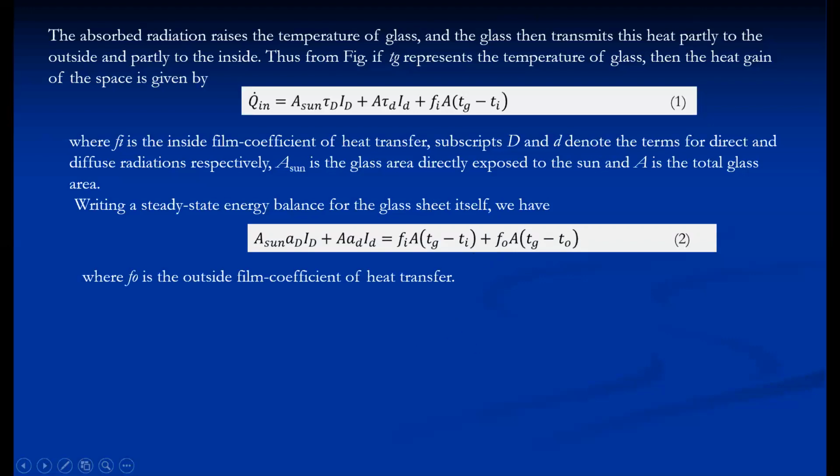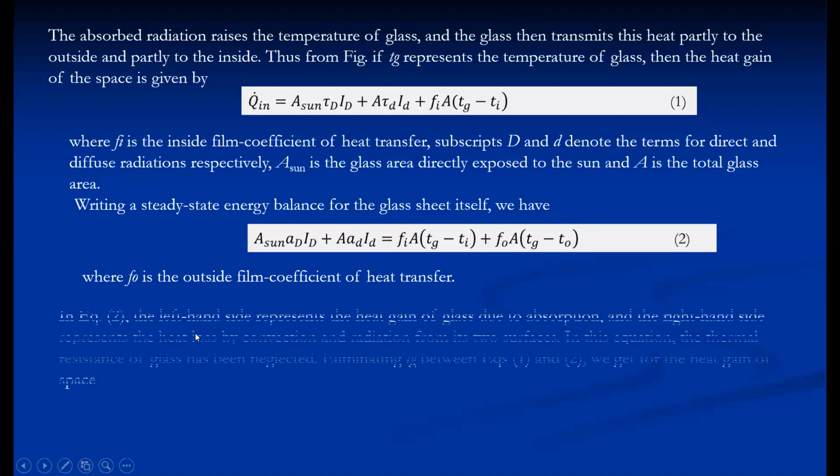Here Fo is the outside film coefficient of heat transfer. This is the energy balance for absorption: absorption of heat in the glass, first due to direct radiation and second due to diffuse radiation, is equal to heat dissipation. So the heat gained by the glass is equal to the heat lost by the glass. This is the energy balance.